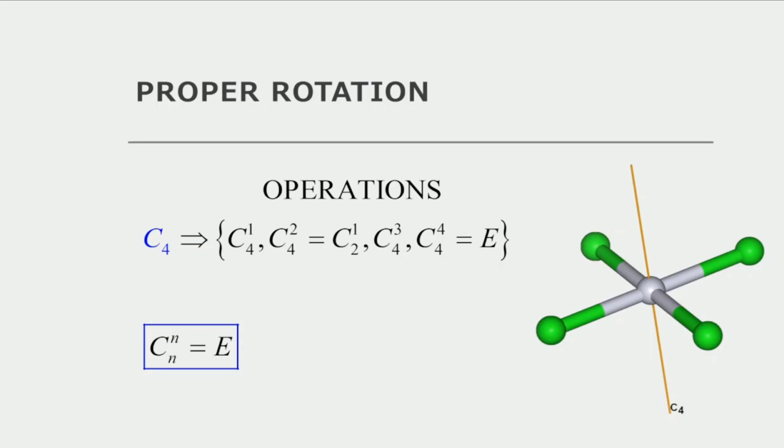The fourth operation is C4 raised to 4, which is just identity operation. Now we have 2 unique operations associated with the C4, which is C4 raised to 1 and C4 raised to 3. C4 raised to 2 is equivalent to C2 operation, and C4 raised to 4 is equivalent to identity operation.